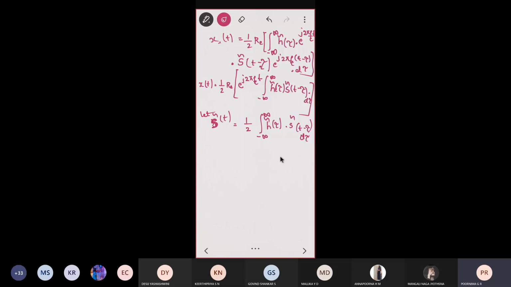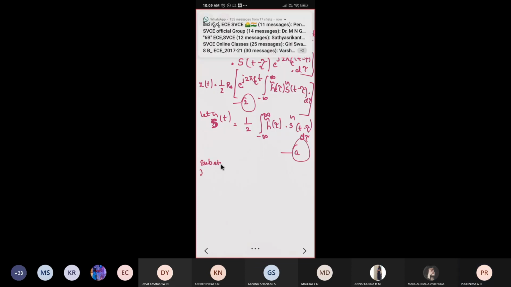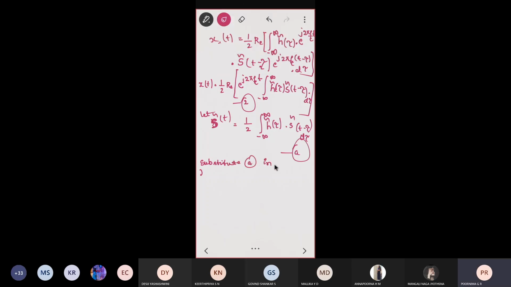You can call this equation A. Substituting equation A in equation 2.